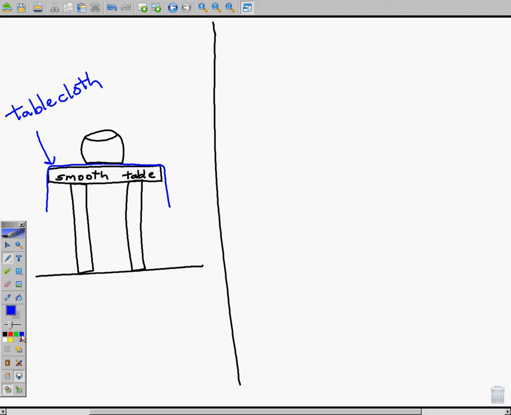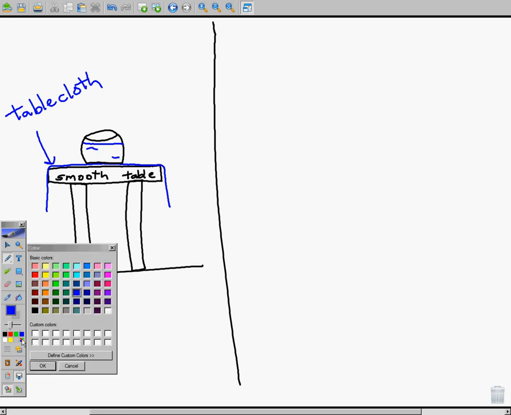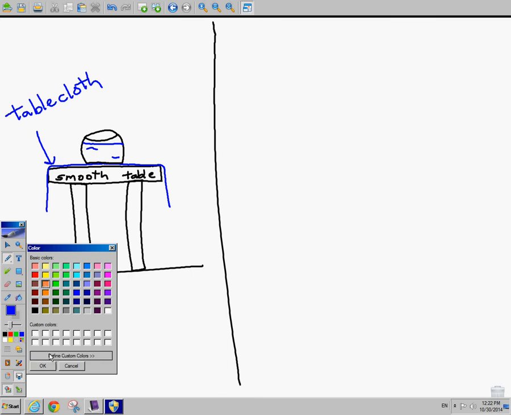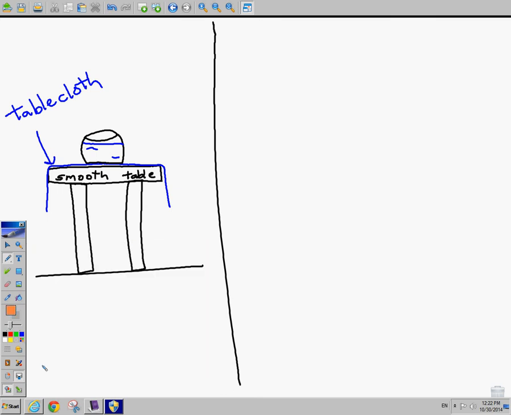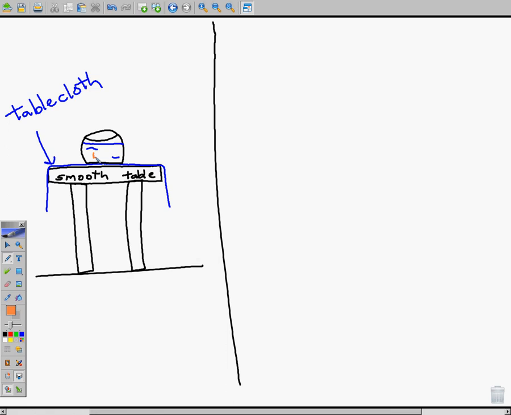In the fishbowl, of course, there is water. And then there's a fishy.